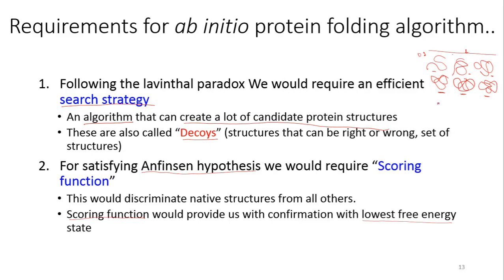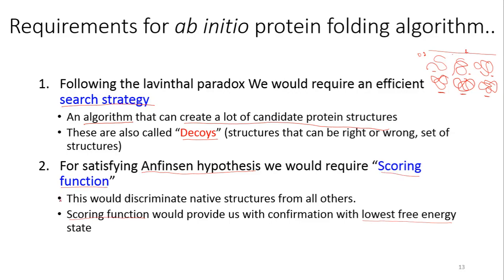So these are the basic requirements for an ideal ab initio protein folding algorithm. First, we would require an effective search strategy, and then we would require something that would discriminate the good structures from the bad ones, or the good candidate decoys that the search strategy has predicted. And that job is to be done by the scoring function.